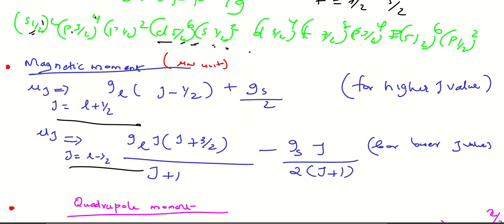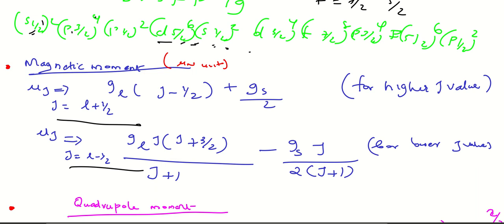So, one case, that is J is equal to L plus half. When it is J is equal to L plus half, the magnetic moment by the shell model is mu J equal to GL into J minus half plus GS by 2.